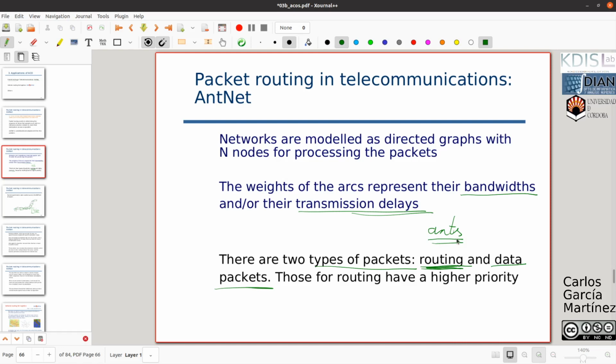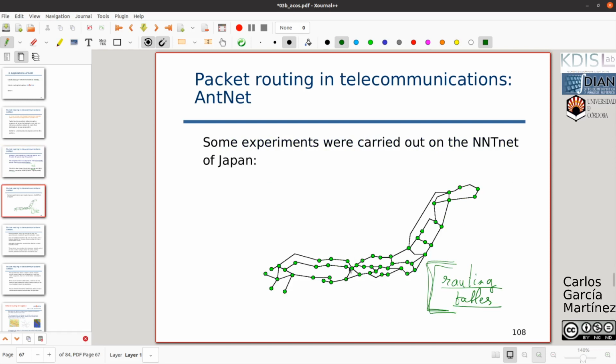So the ants apply the transition rules, deciding which nodes, which links they should choose.